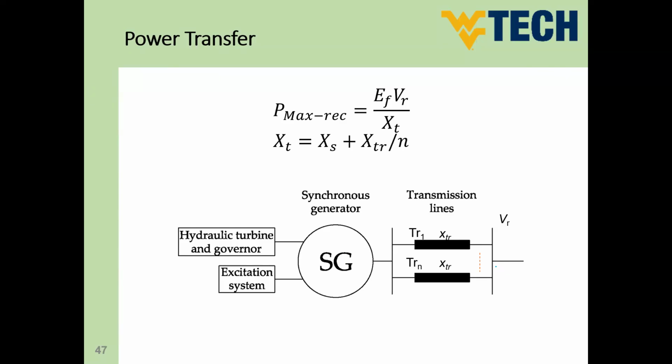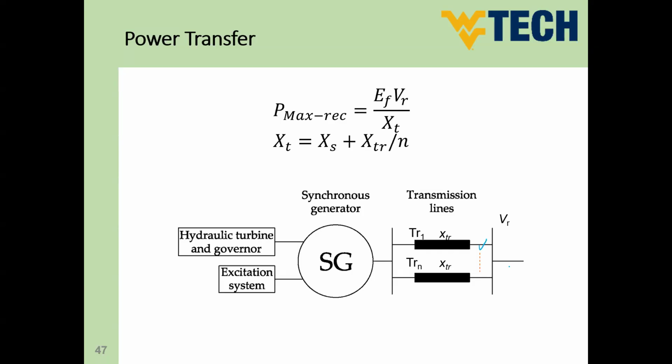Sometimes we use like double lines like that or many lines. Why? Just to have a continuity if this line is disconnected, so you will have other lines to transfer the power. So this is more reliable for any grid.